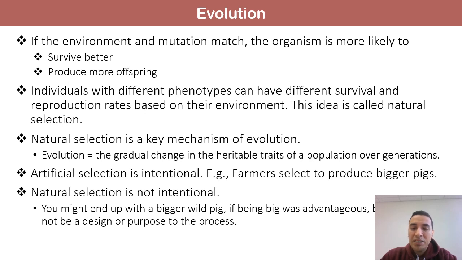It just happened. First, because of some mutation, you got a bigger wild pig, and because being bigger was better for that particular environment, that pig will produce more offspring, and they will produce more offspring, and all of a sudden we are going to get more big wild fat pigs.